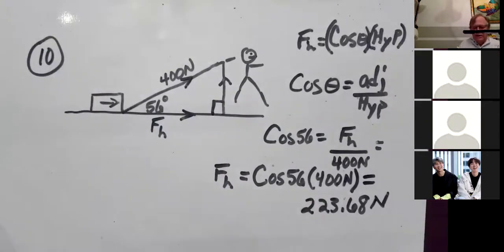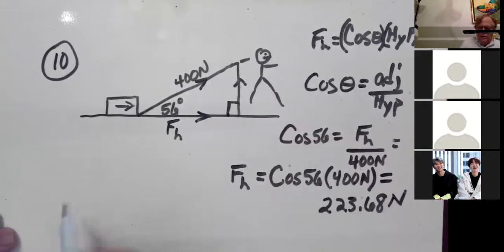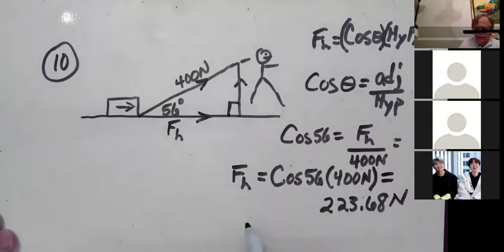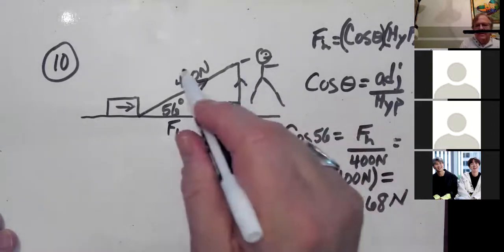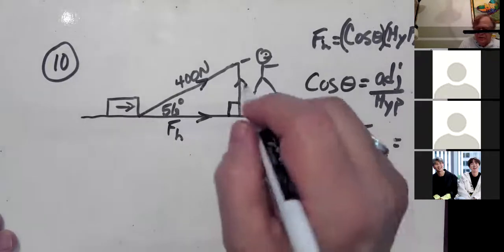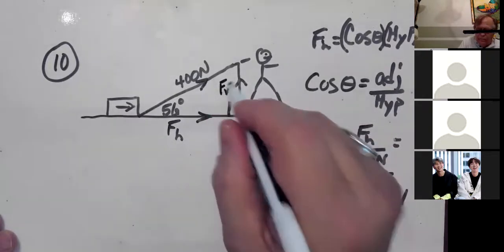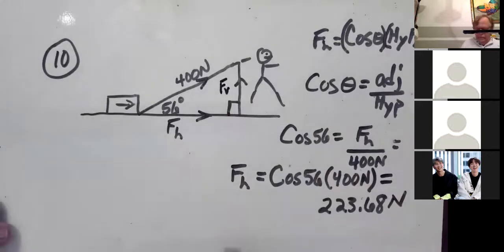Now if you were asked for the other one, you would say, I need the one that has the opposite and the hypotenuse in it. This is the vertical force over there.